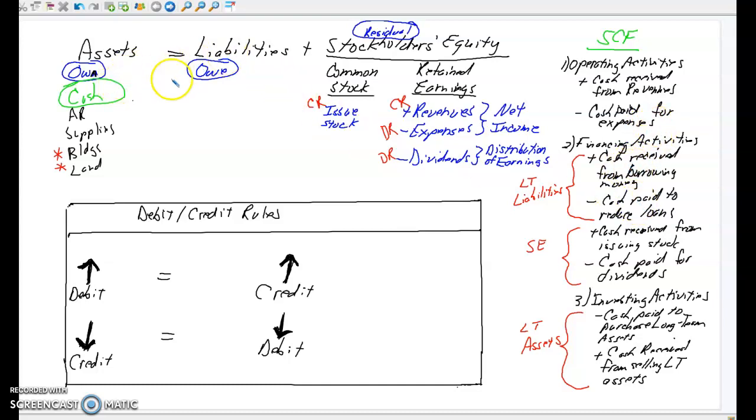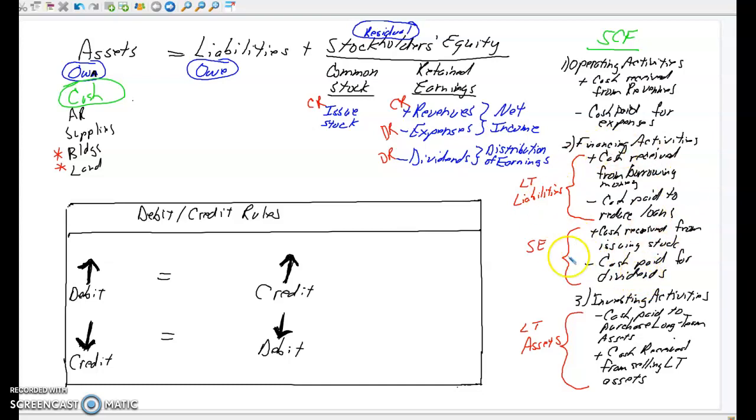Financing, we finance assets with debt and equity. But most specifically, it's going to be long term. So financing activity is if we have cash coming in from borrowing, or we have cash paid to reduce our loan, or cash coming in from selling stock, or cash paid to the shareholders. Cash receipt from the shareholders because we sold them stock. Cash paid to shareholders because we issued dividends.